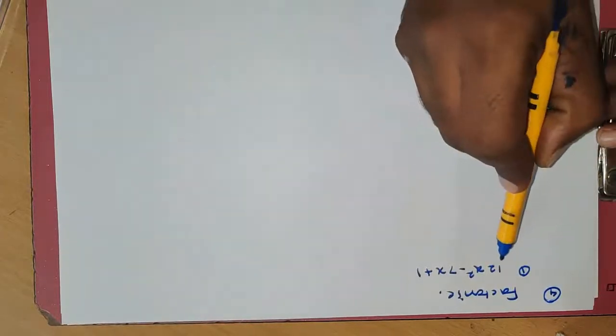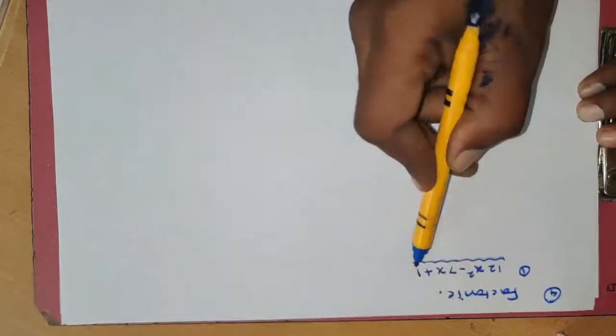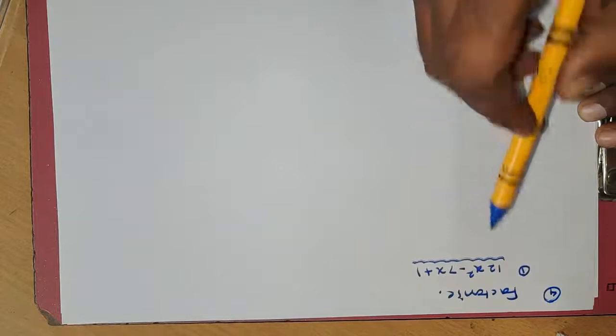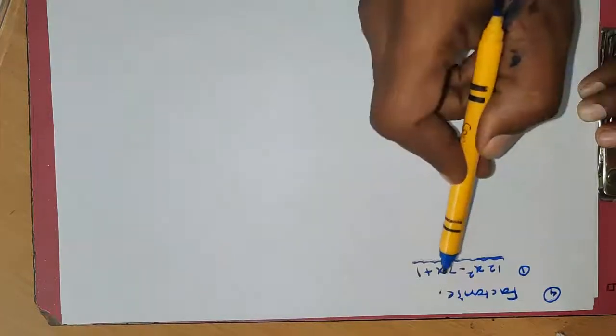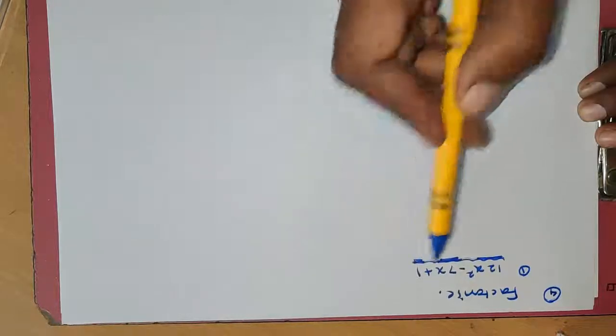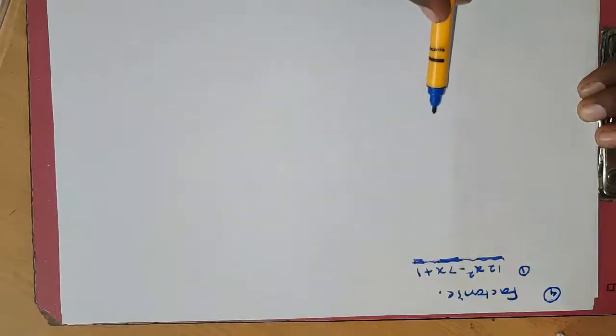Now if you observe this polynomial, this is a quadratic polynomial where there are three terms. This is the first term 12x square, the middle term is minus 7x and the last term is plus 1.